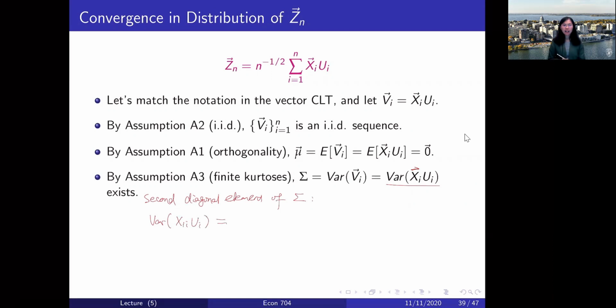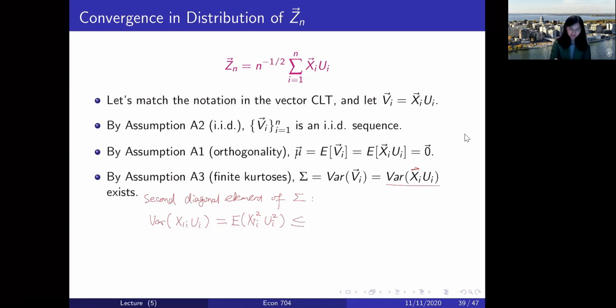And the variance of x1i ui equals the expectation of x1i squared ui squared. Why? Because the expectation of x1i ui equals 0. So the variance of that equals the expectation of x1i squared ui squared.